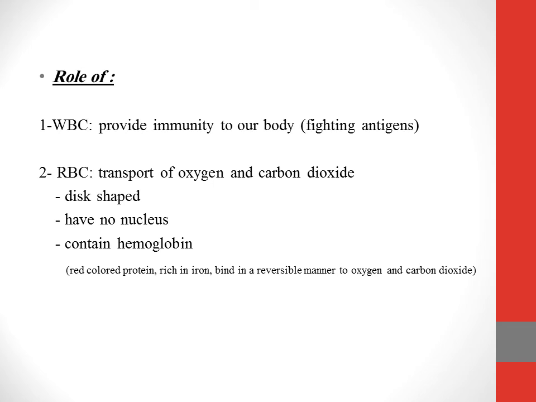Hemoglobin is a red-colored protein which is rich in iron and binds in a reversible manner to oxygen and carbon dioxide, which means that it can bind carbon dioxide and release carbon dioxide. It can bind oxygen and release oxygen. This is called binding in a reversible manner. The platelets play an important role in blood clotting.